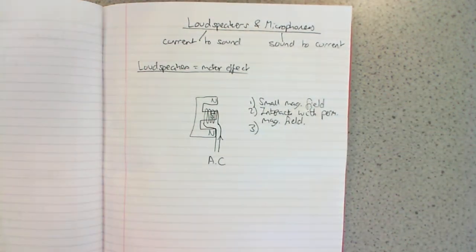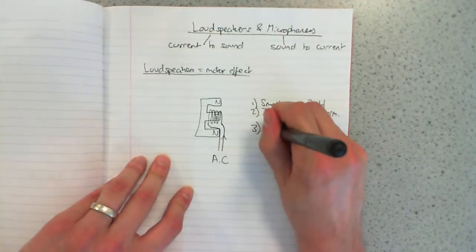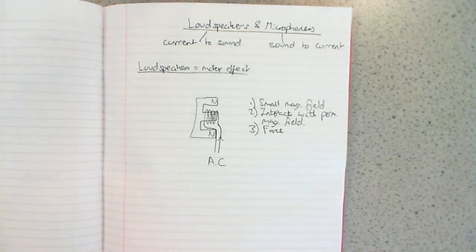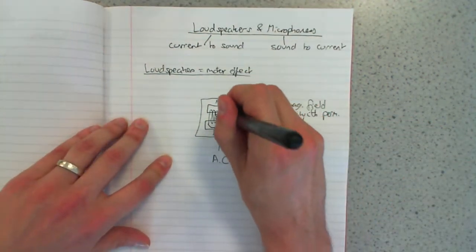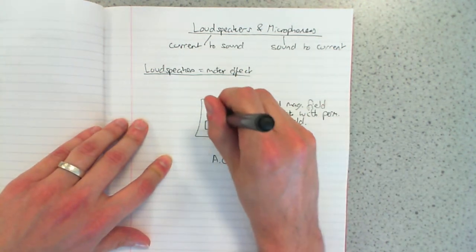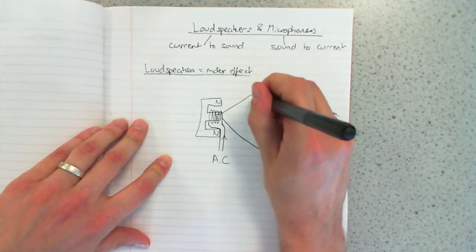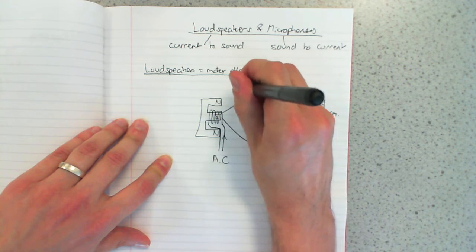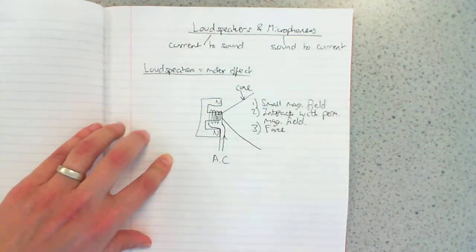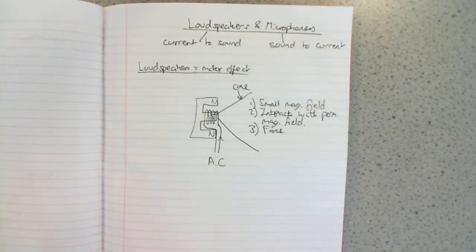And what that does, that generates a force. And that force is attached to a paper cone. That paper cone is attached to the solenoid, and that force moves the cone.